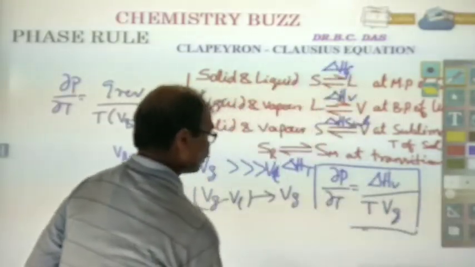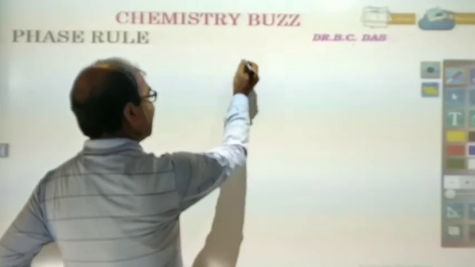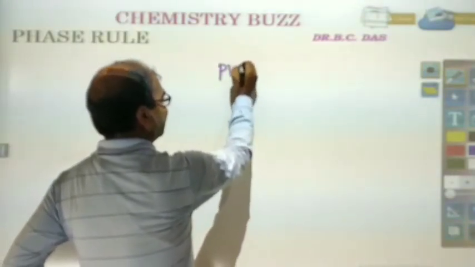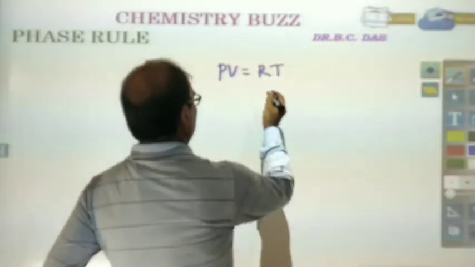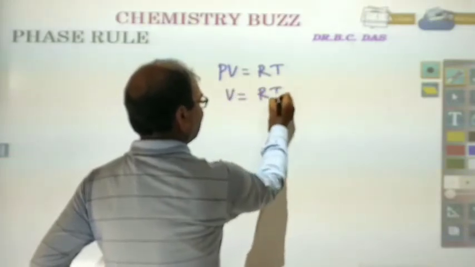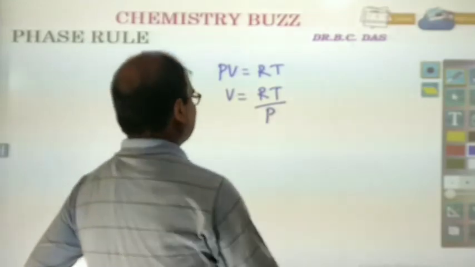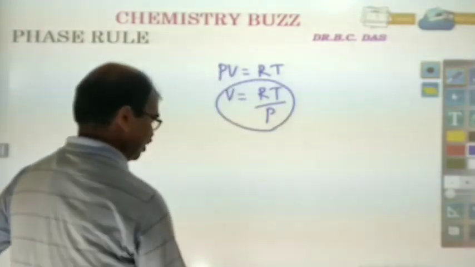Now we find that from kinetic theory of a gas, PV is equal to RT for 1 mole of a gas, and V is equal to RT by P. Okay. So this equation we will substitute in the Clapeyron equation.